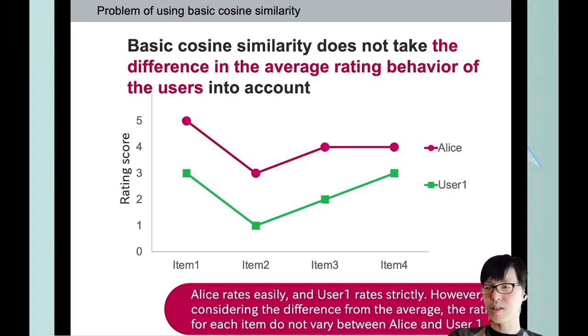How can we deal with this problem? The solution is very simple. If we consider the difference from the average, the ratings for each item don't vary between Alice and user 1.